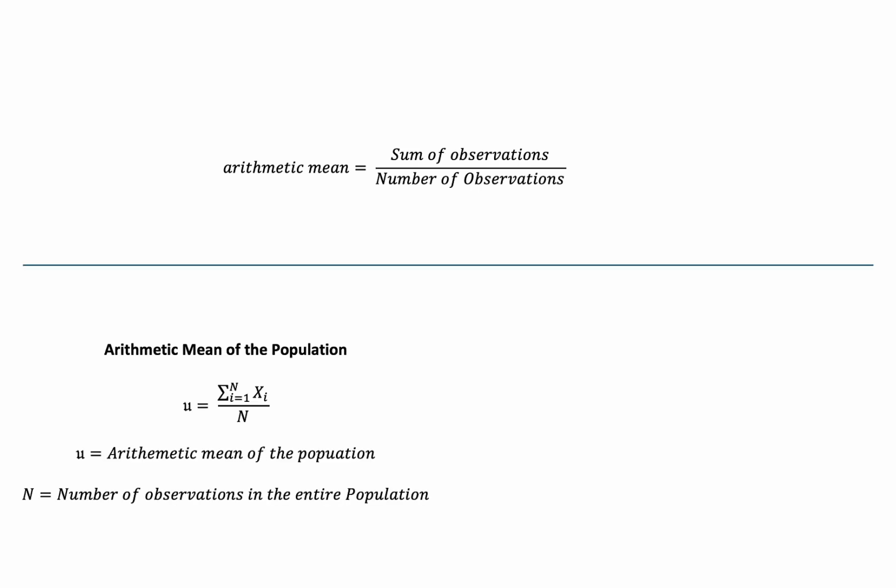So the formula for the arithmetic mean is the sum of each observation over the total number of observations. And we'll look into an example here, but really the formula is what's listed here, with mu being the arithmetic mean and capital N being the total number of observations in the entire population.